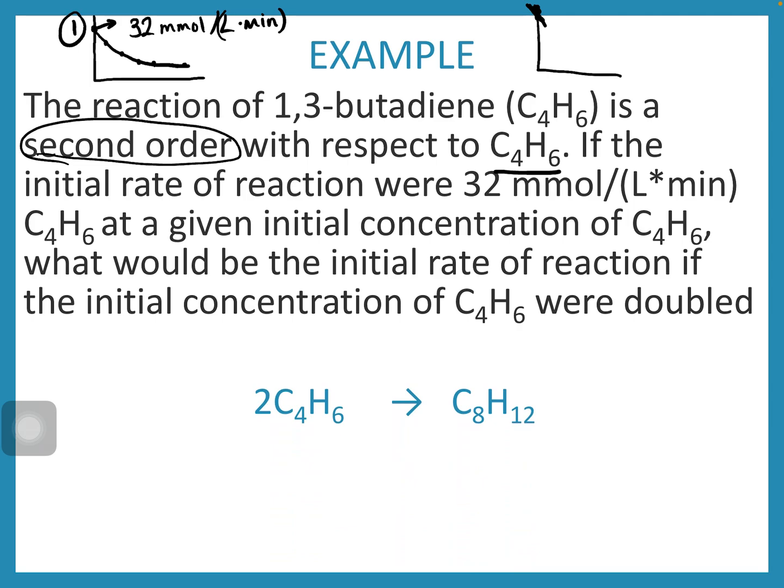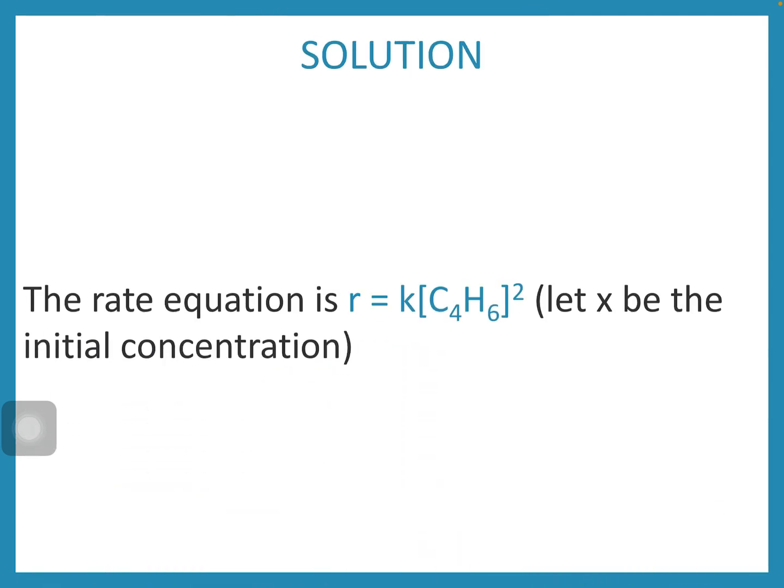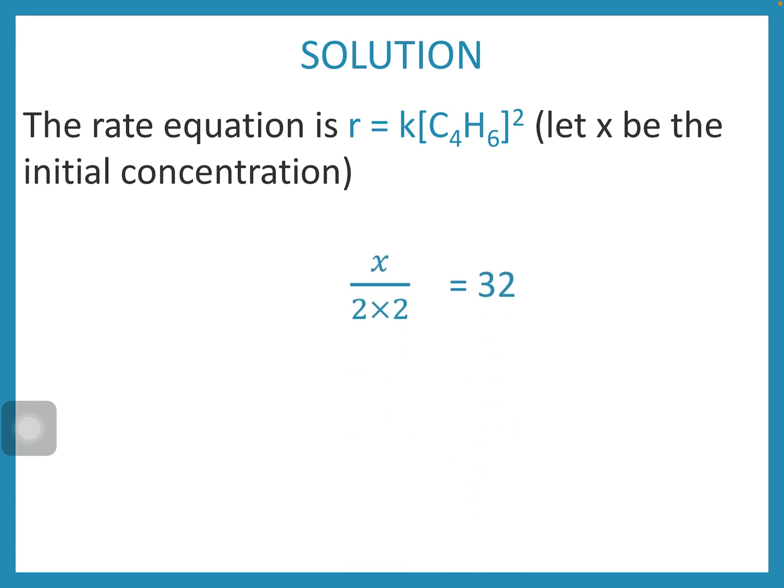So here is the balanced equation for the reaction. Now this part, we're going to ignore because that's not how I would write this. So the initial rate of reaction, we were told, is second order. So we have some K constant, and whatever happens to our concentration, that is going to happen twice.